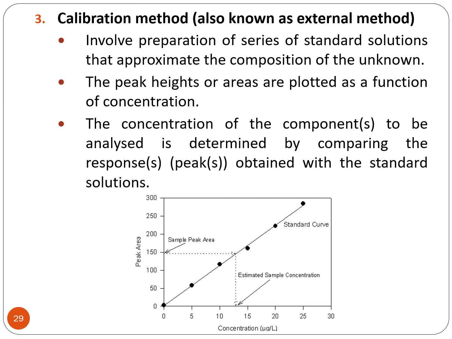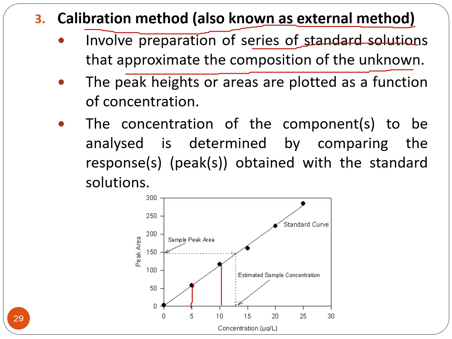For example, to know the amount of aspartame in the beverage earlier, we can use the calibration method or the external method. How? By preparing a series of standard solutions whose composition we know, whose concentration we know. For example, for the aspartame earlier, we dilute 5 micrograms per liter, 10, 15, 20, 25. So we inject them into the chromatography and calculate what the peak area is.